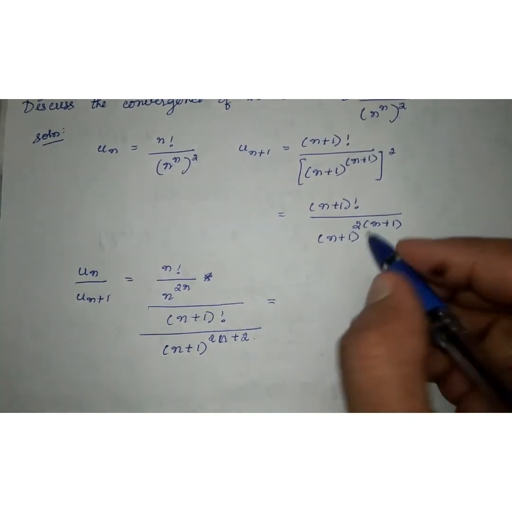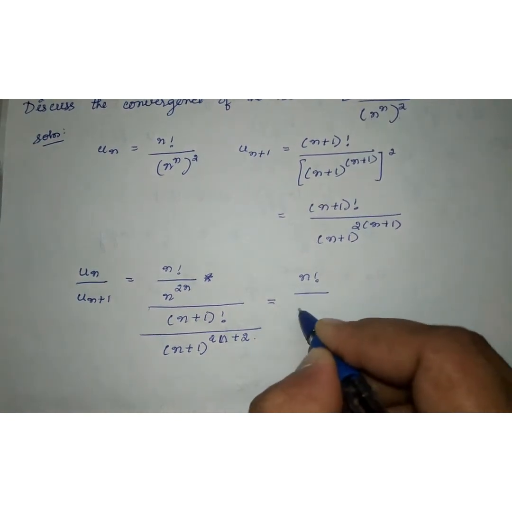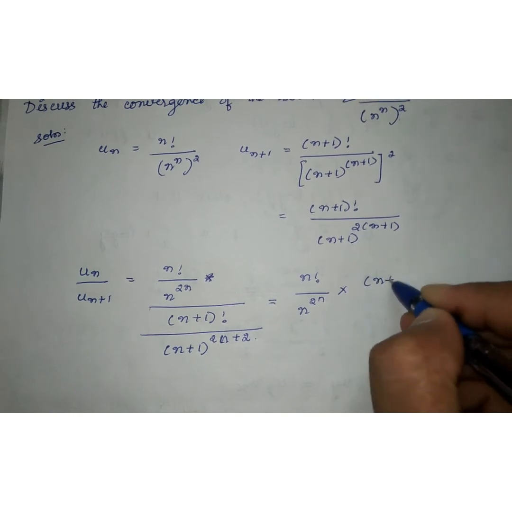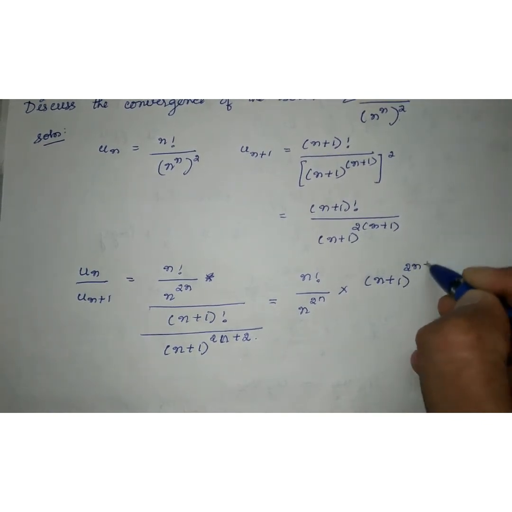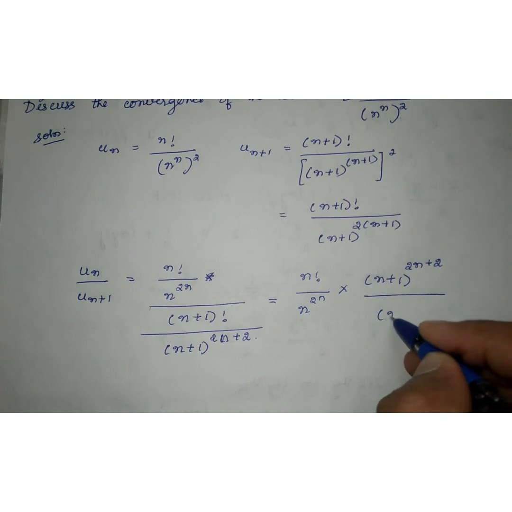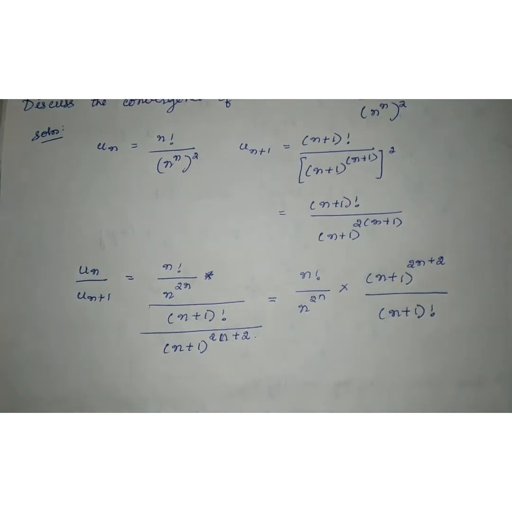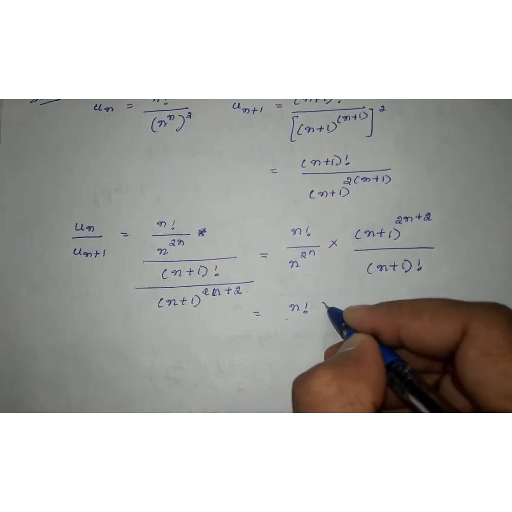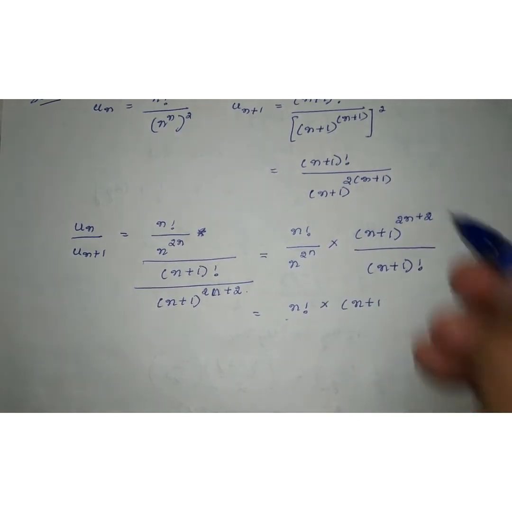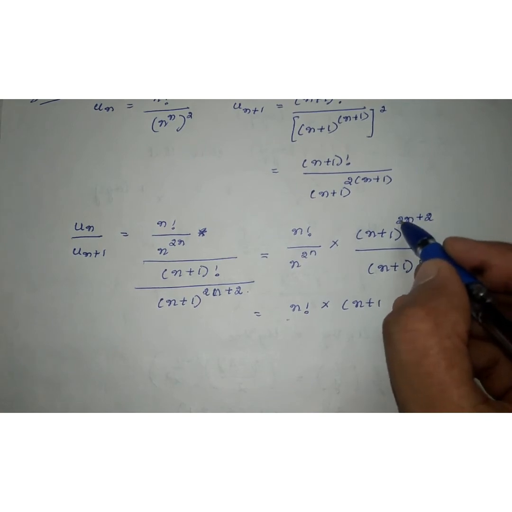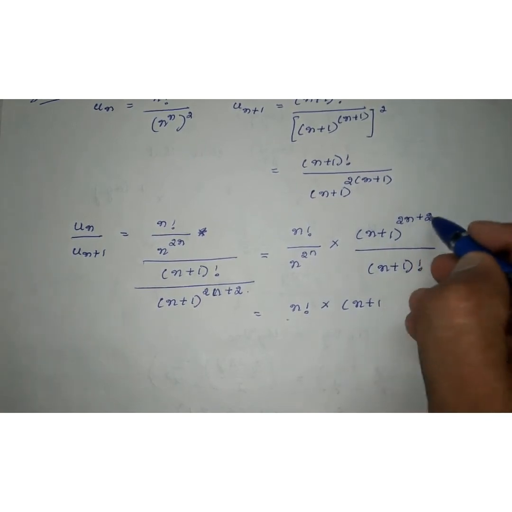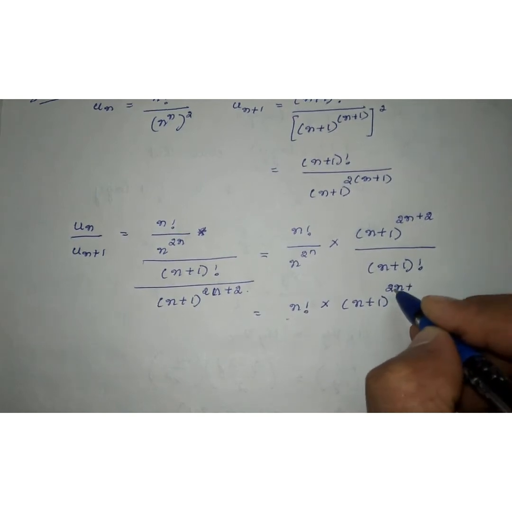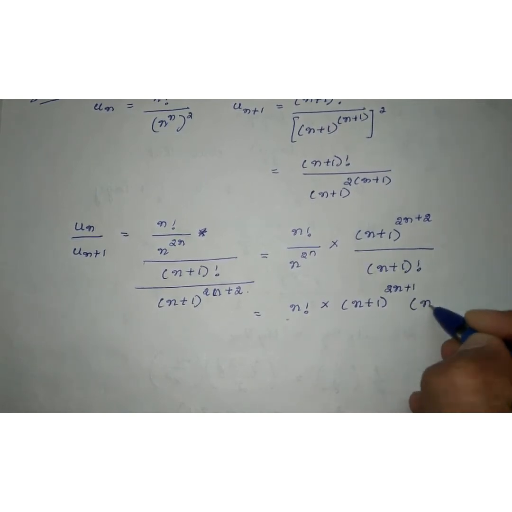So this is equal to n factorial by n to the power 2n into, taking the reciprocal here, n plus 1 to the power 2n plus 2 divided by n plus 1 factorial. So this can be written as n factorial into, here we have n plus 1 to the power 2n plus 2. So I can write it as n plus 1 to the power 2n plus 1 into n plus 1.